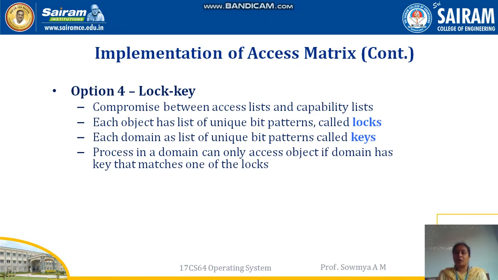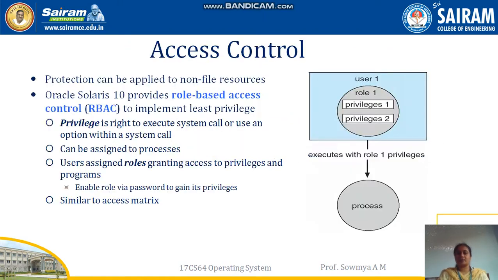Based on the lock and key, if the object is accessed by the domain, then the key will be provided to the domain. If the object is not accessed by the domain, then the key value is not provided to the domain. Based on that lock and key method, the fourth implementation of the access matrix is done.